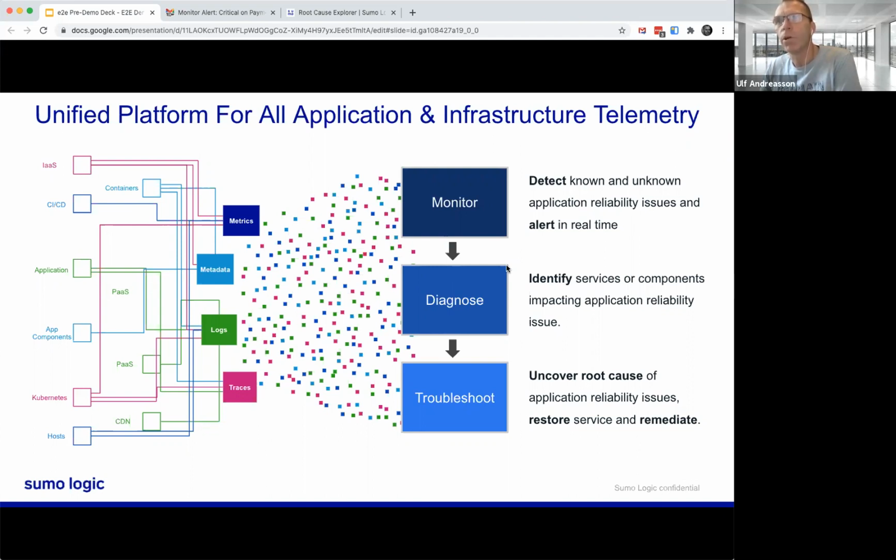You can fully troubleshoot and understand the root cause of any reliability or application issues. Then it also helps you restore, and follow up once you've restored something, whether it's configuration changes or any other changes, as you have that in Sumo.